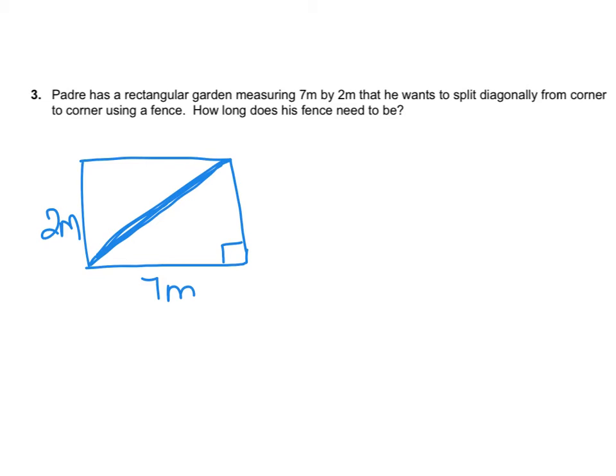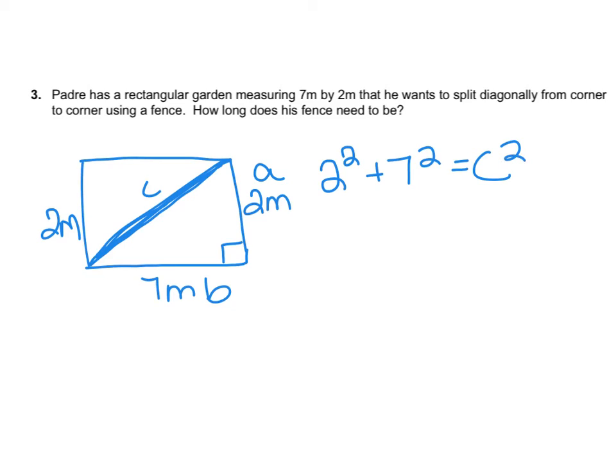All right, and let's put the 2 meters over here because we know that those are the same side. So now we know that we have an A, we have a B, and then we have our hypotenuse for C. So that's what we're looking for, that C. So we're going to plug this into the Pythagorean theorem. We'll have 2 squared plus 7 squared, which is 53, is equal to c squared.